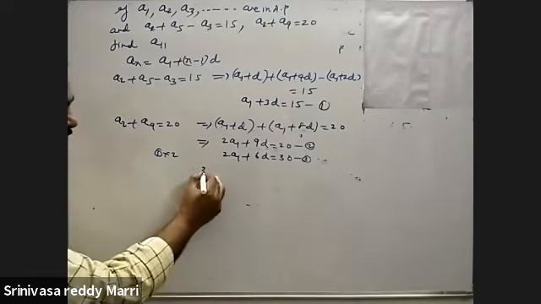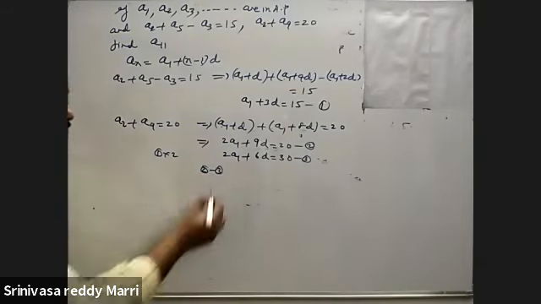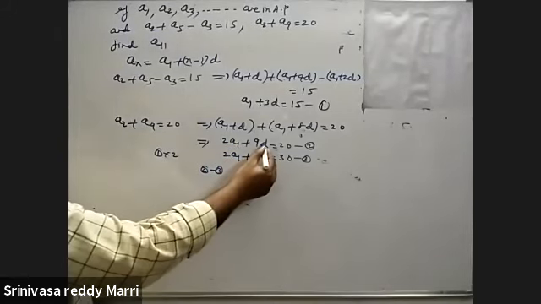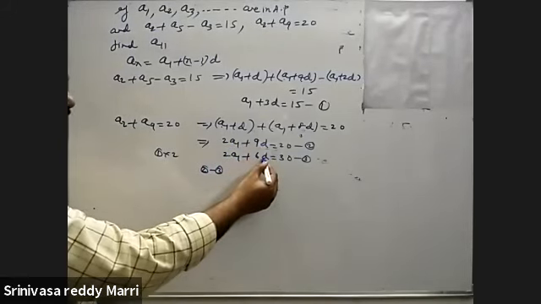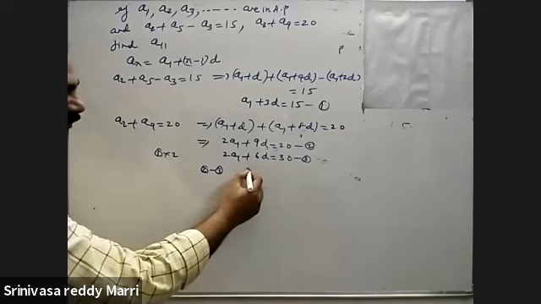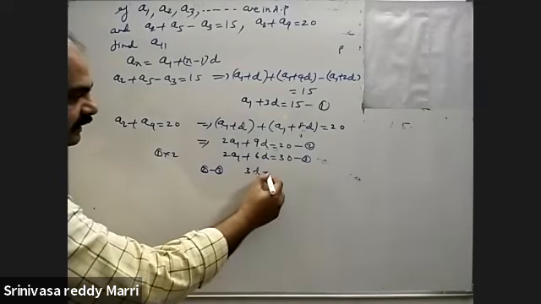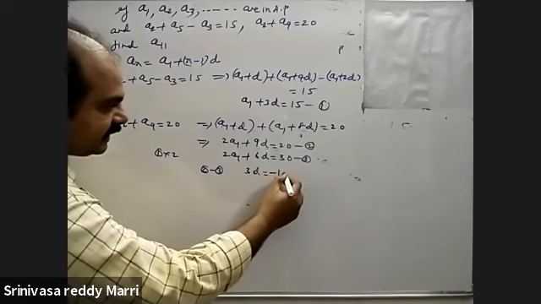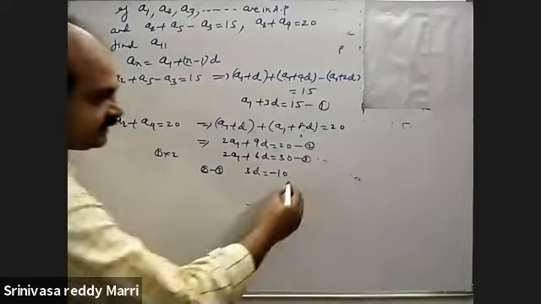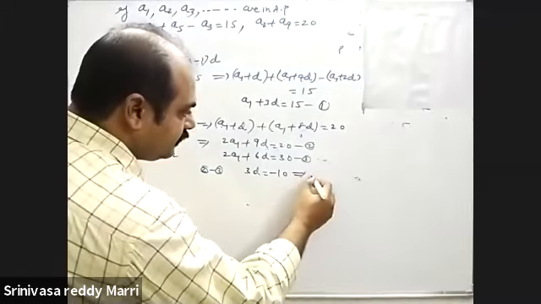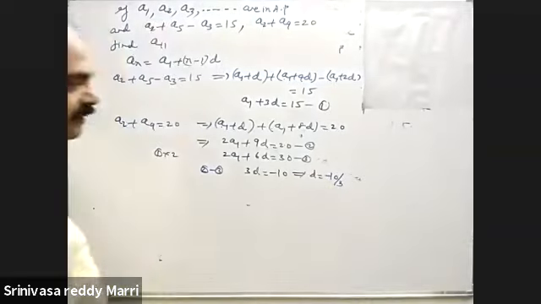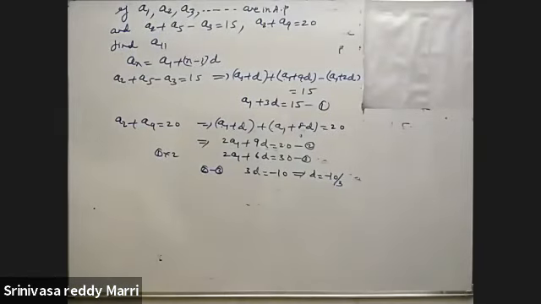Such that if I do 2 minus 3, 2A1 minus 2A1 cancel, 9D minus 6D is nothing but 3D, equals 20 minus 30, minus 10. That implies the common difference is nothing but minus 10 by 3. D you got.